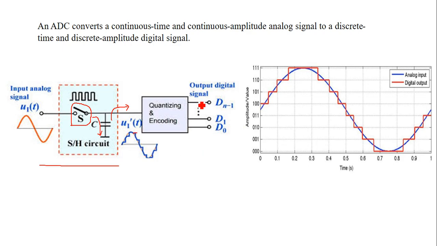Then quantization, what is meant by quantization? It is the process where the least significant bit determines if the input analog voltage lies in the lowest sub-range of the input voltage range. Quantization means it converts the sample and hold circuit's output to some fixed digital value.